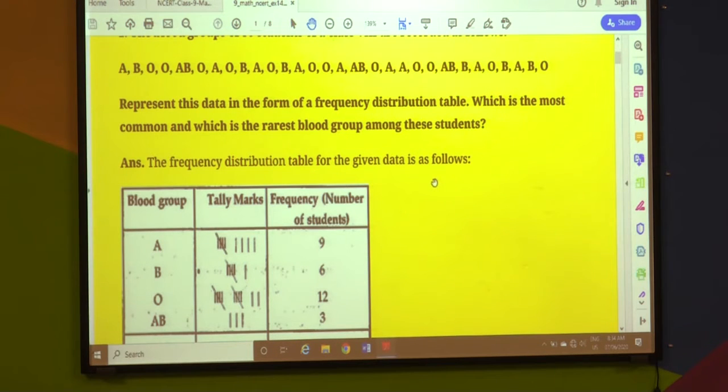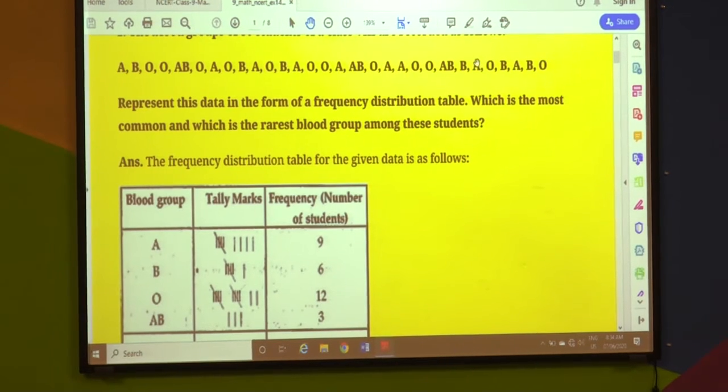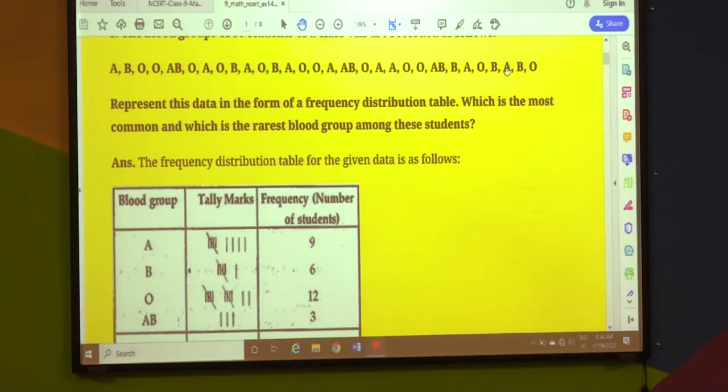Now regarding the frequency, let us take the example for A. 1, 2, 3, 4, 5, 6, 7, 8, 9. I hope you are understanding.